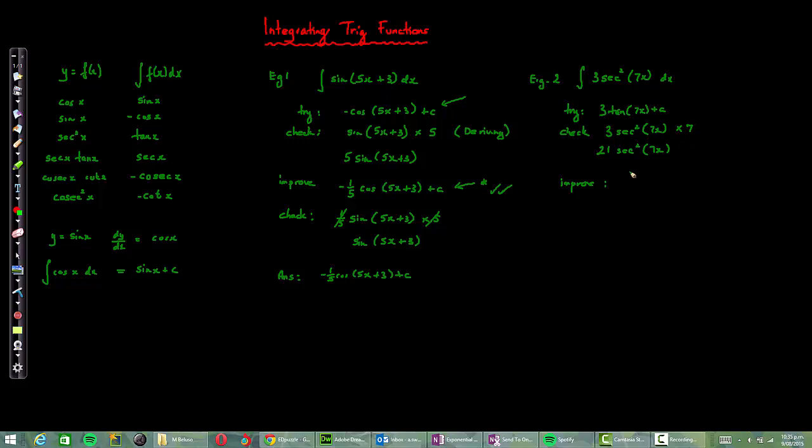Well, by dividing by 7, timesing this by 1/7 in other words. So we're going to get 3/7 tan 7x plus c. That's a tan there. I'm sure you can imagine that's a tan. Okay, and let's check that one.